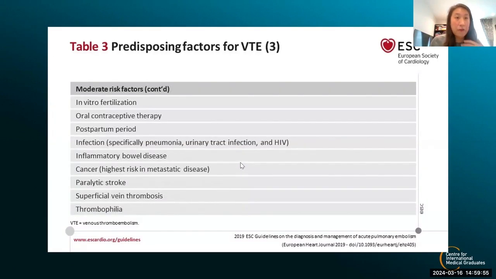Okay, IVF. Someone mentioned contraception earlier, so that's important. Being in the postpartum period, particularly the first 6 weeks after giving birth. Infection, history of inflammatory bowel disease, cancer, obviously a well-known risk factor but actually a moderate risk factor, stroke, and thrombophilia. So things like that.